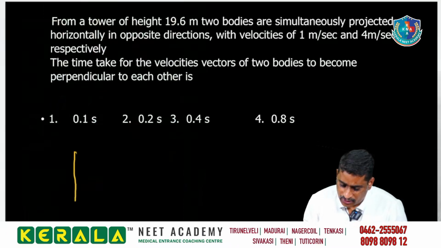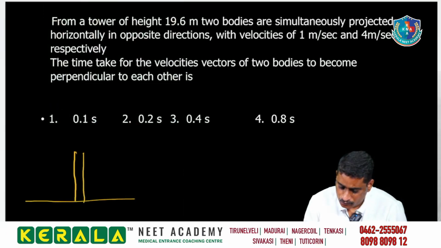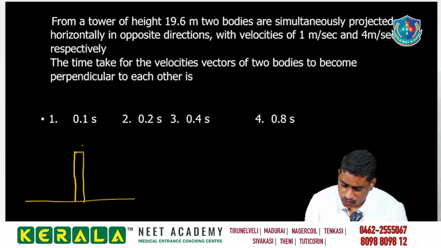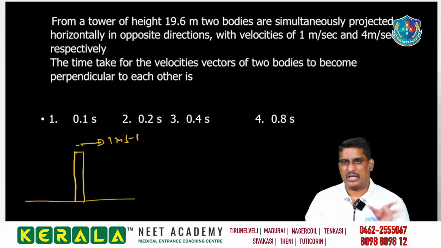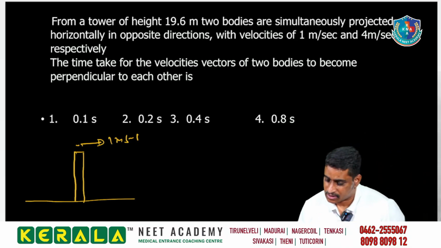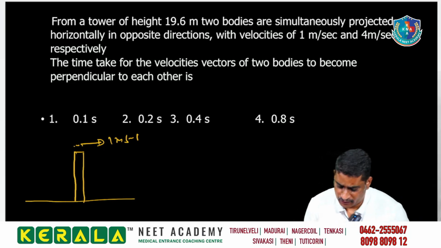Here, just look at this diagram, all of you. One particle, you just assume, is projected along the positive x-axis with a speed of 1 meter per second. Another particle is projected simultaneously from the same point in the opposite direction, negative x-axis, with a speed of 4 meter per second.